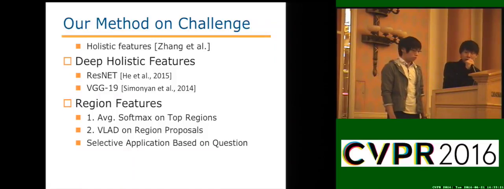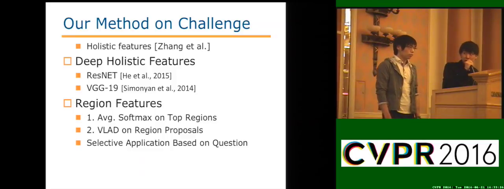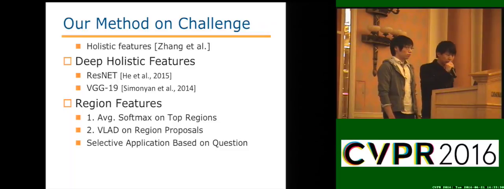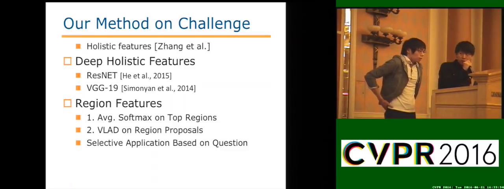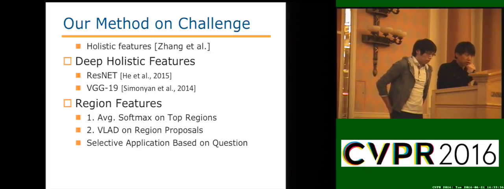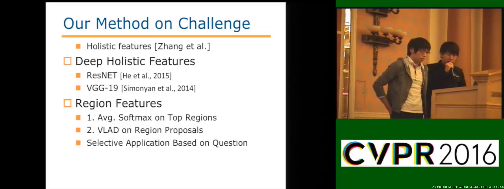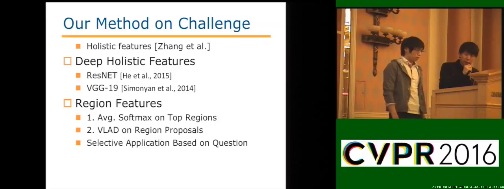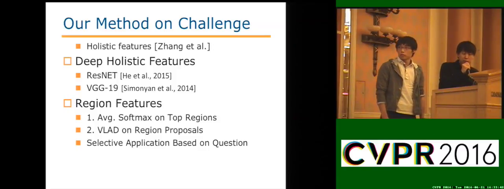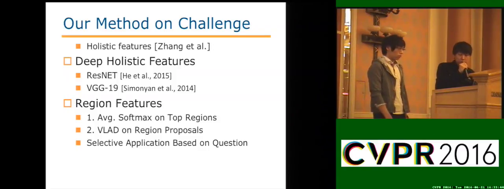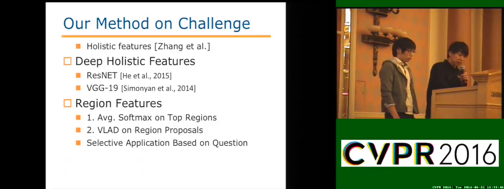These are pretty generic ways of extracting features from the images, so there's nothing really special about it. But then we also have two ways of extracting region features. One is the average softmax on top regions, and the second one is bullet coding on region proposals. But we only apply one of these at a time, depending on the type of question, which is determined by Q-phase extraction.